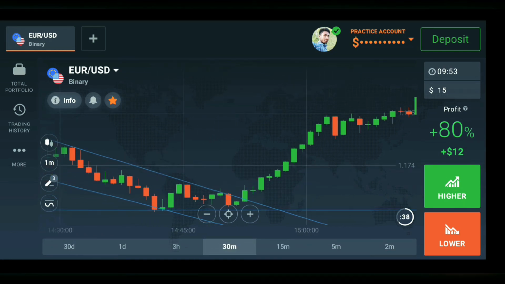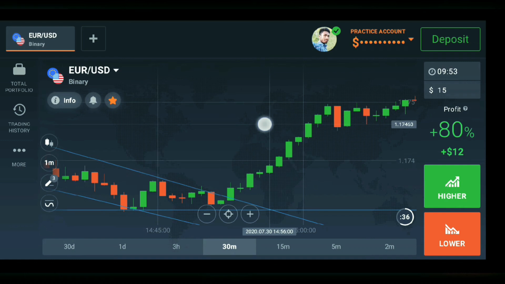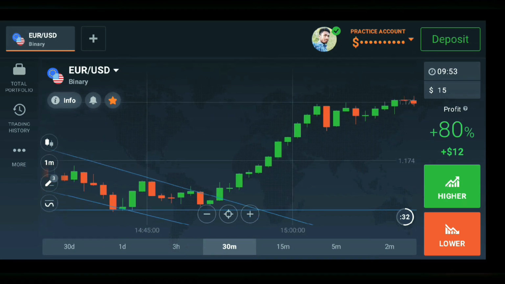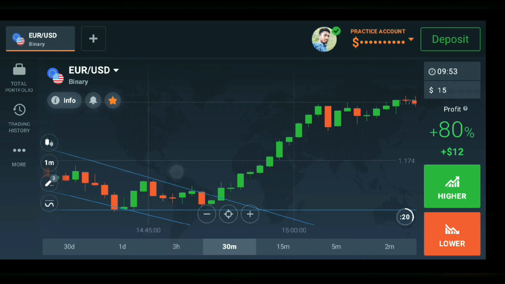So this is the confirmation that the market wants to change its direction from lower to upward direction, right? Here you can see we are seeing the lower low and lower high, but there is no new lower low, right?